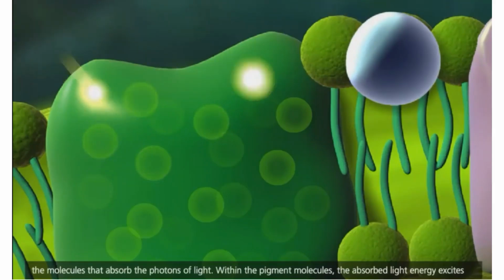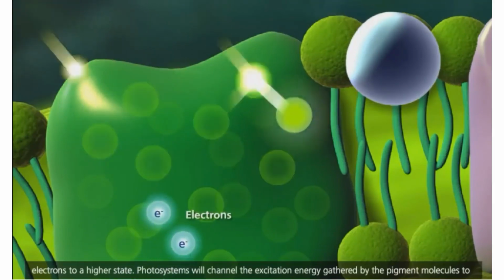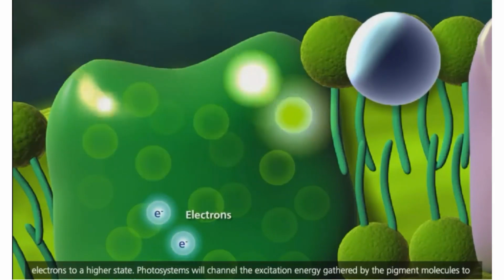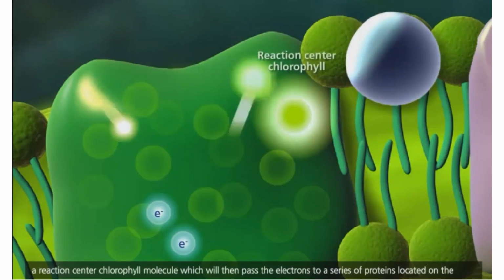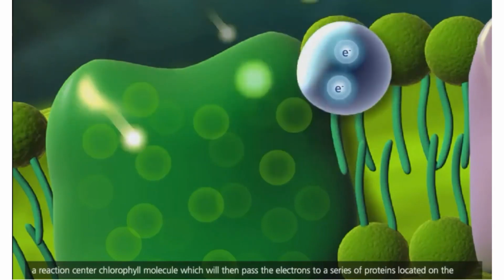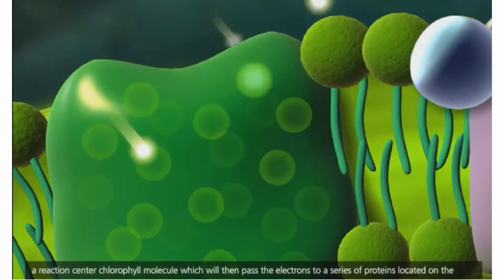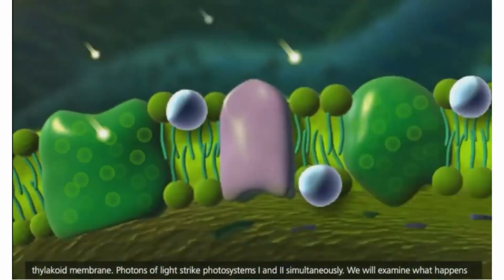Within the pigment molecules, the absorbed light energy excites electrons to a higher state. Photosystems will channel the excitation energy gathered by the pigment molecules to a reaction center chlorophyll molecule, which will then pass the electrons to a series of proteins located on the thylakoid membrane.